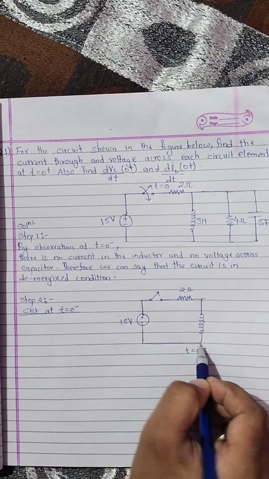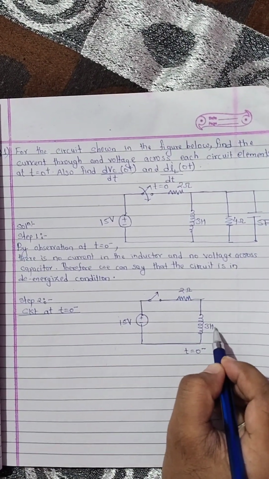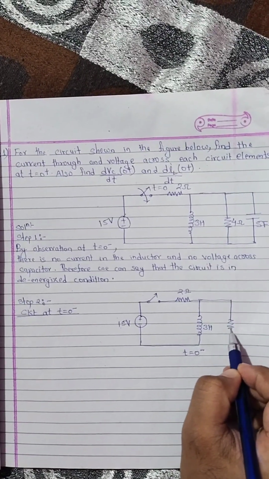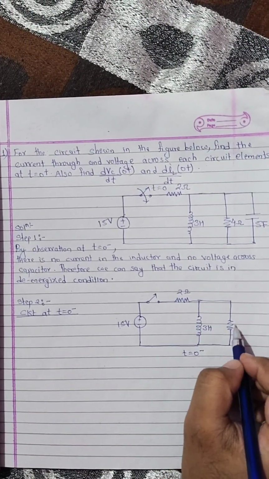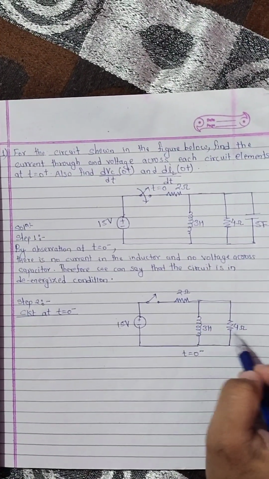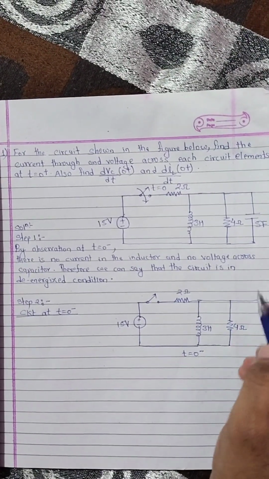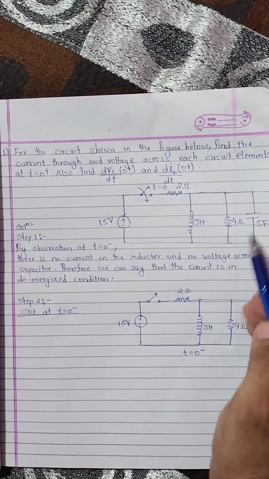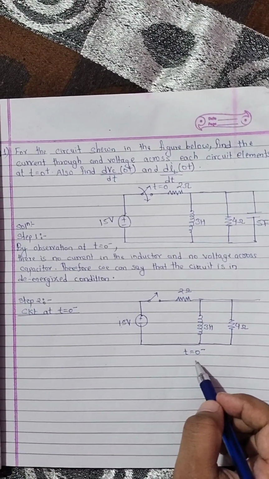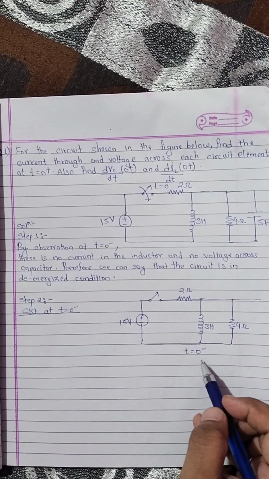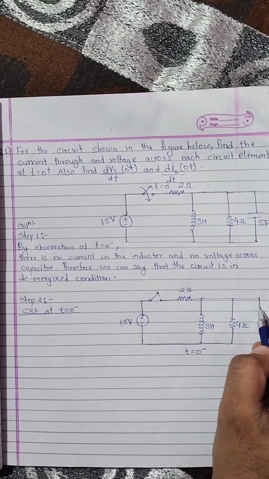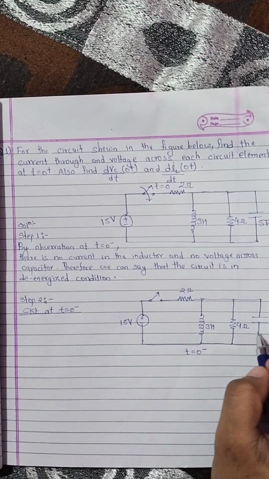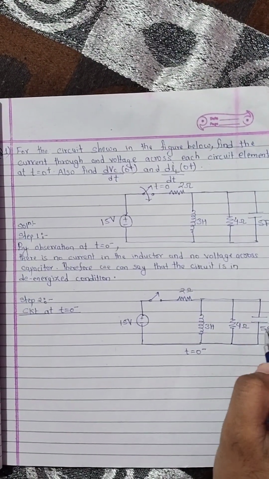That is of 3 Henry, and this is a resistance of 4 ohm. This remains the same, and this is a de-energized capacitor. A de-energized capacitor at t equals to 0 minus, if we see from the table, needs no change. This is a capacitor of 5 farad.